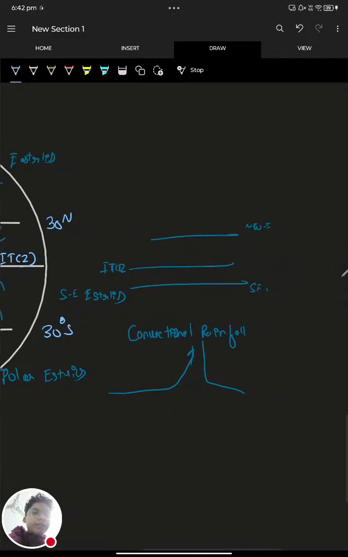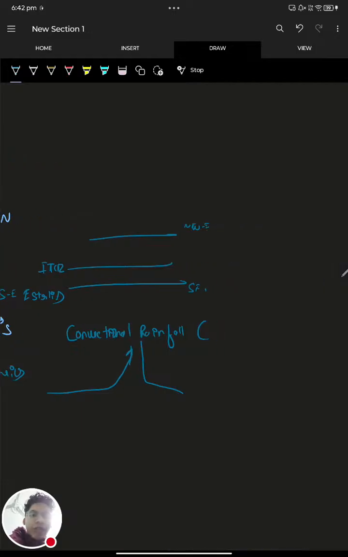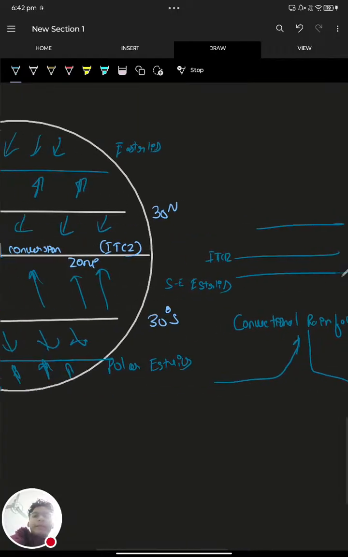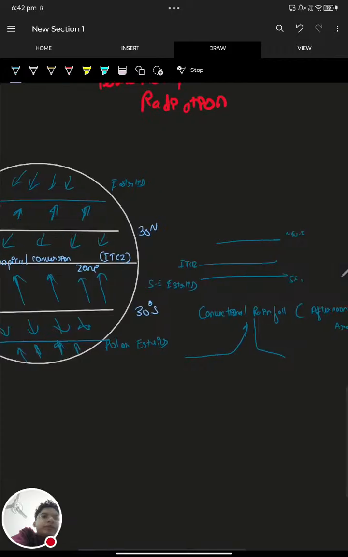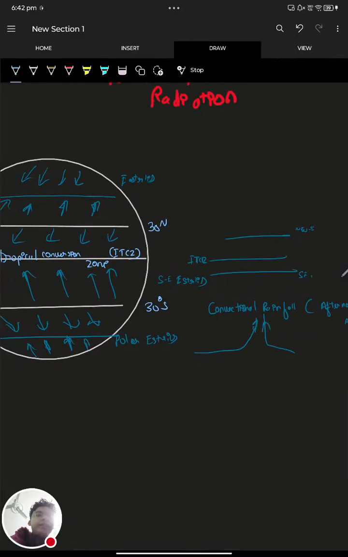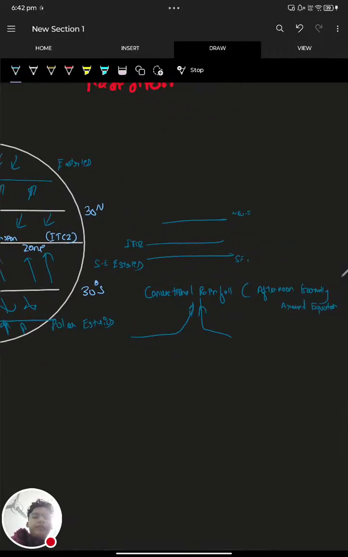This convectional rainfall is usually seen as a short shower during the afternoon, generally around the equator, because there is too much hot air rising up. So this is one way of rainfall.